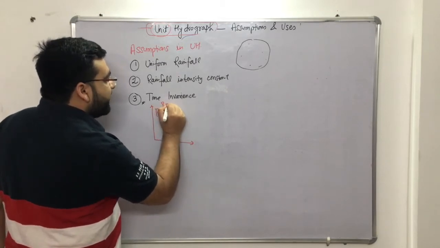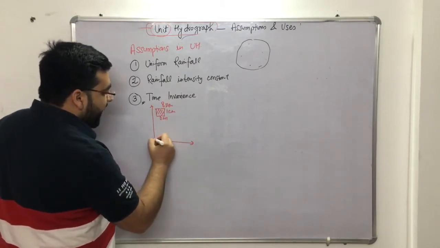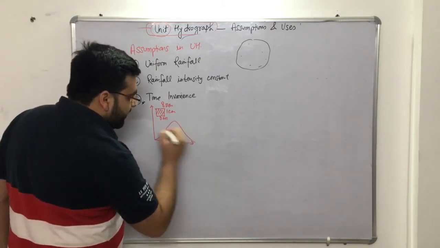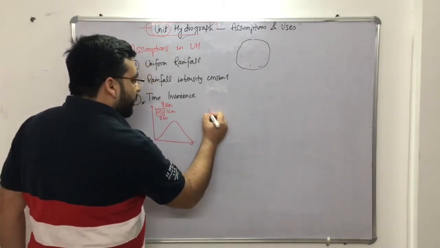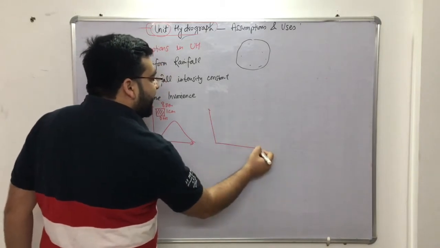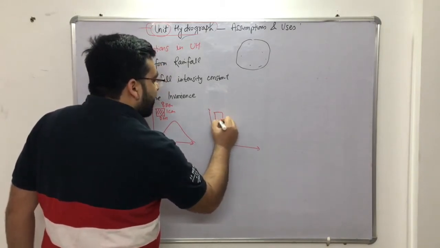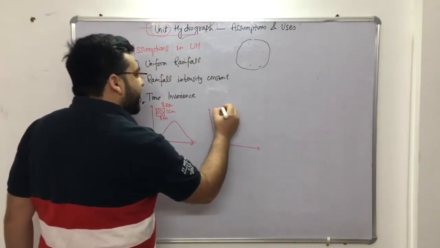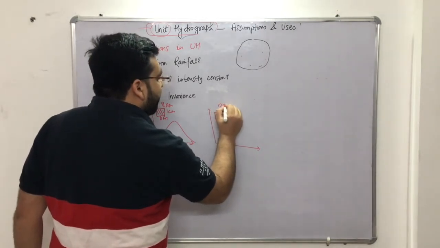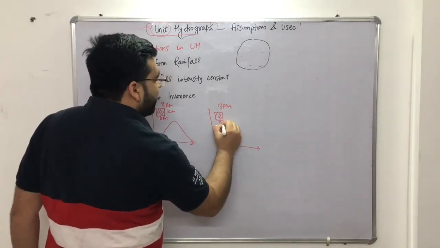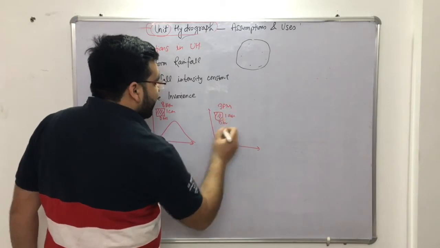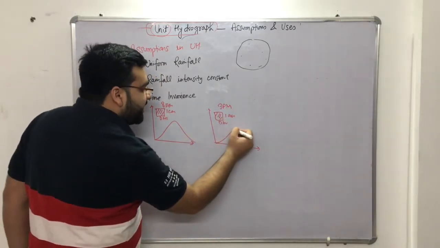It occurred at 10 AM and you have observed a direct runoff hydrograph like this. Now if the same rainfall is happening at 3 PM, everything is the same, same rainfall, d hours duration, 1 centimeter, you will get the same direct runoff hydrograph.